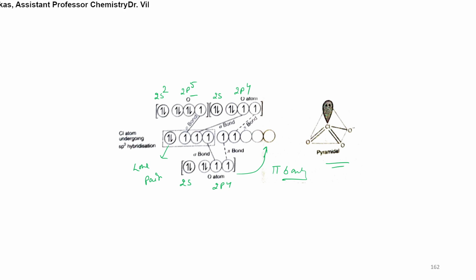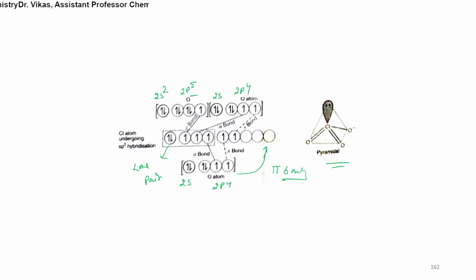So here is a lone pair, but as I've already stated in many video lectures, the lone pair is not involved in determining the hybridization, geometry and shapes of the molecule.